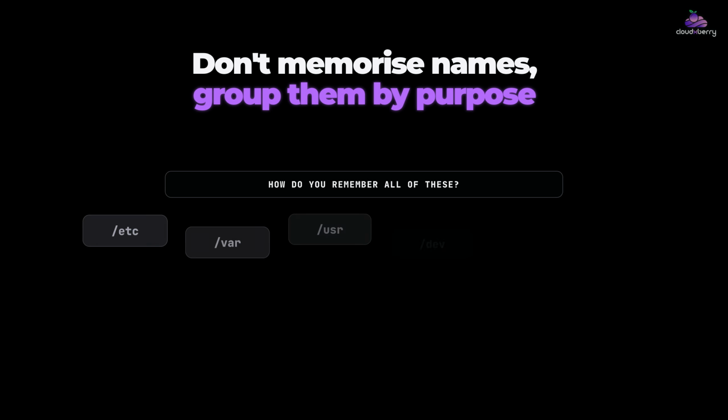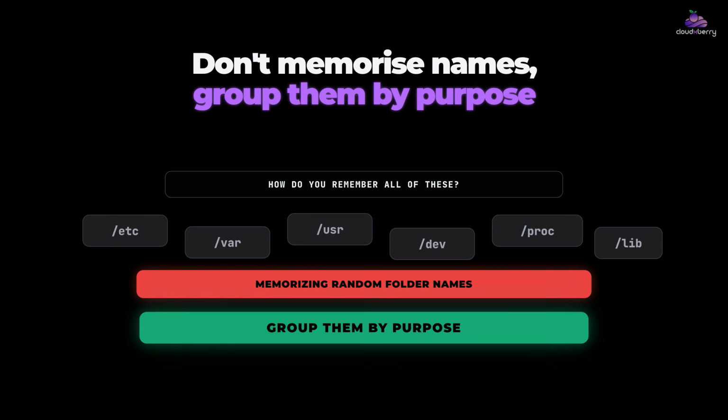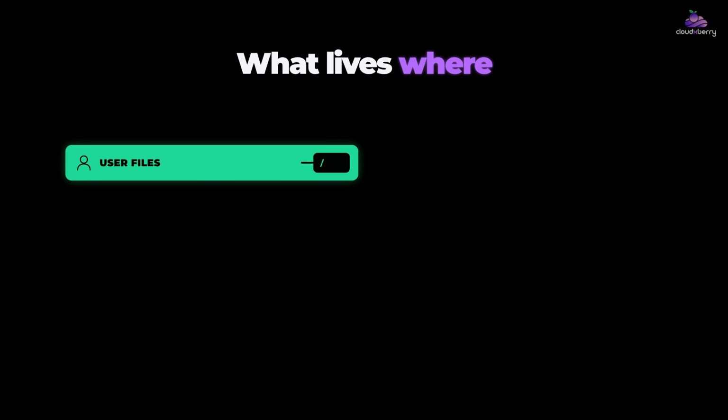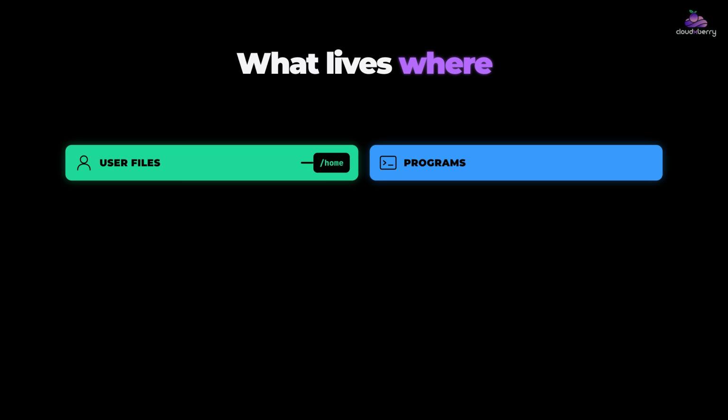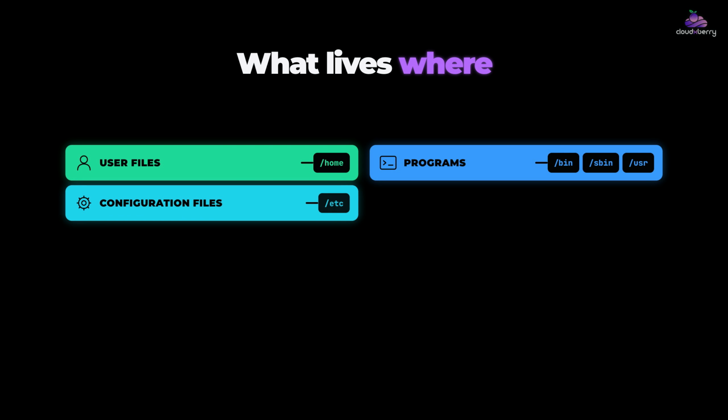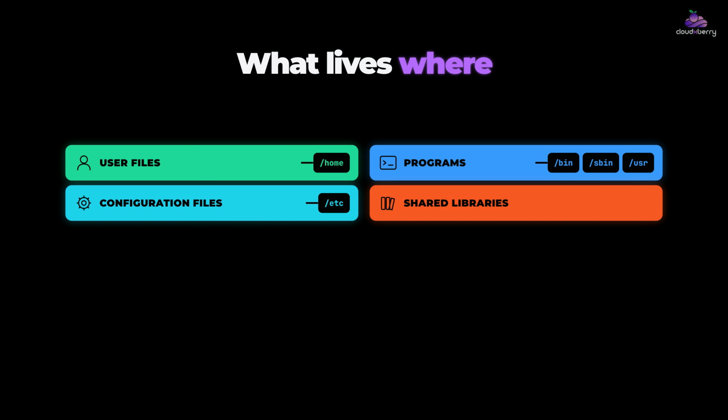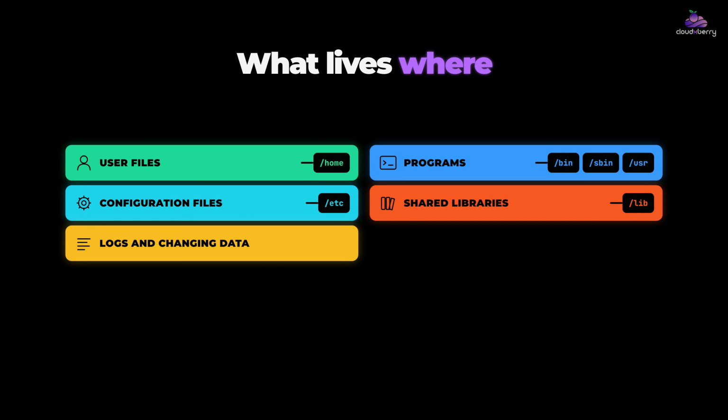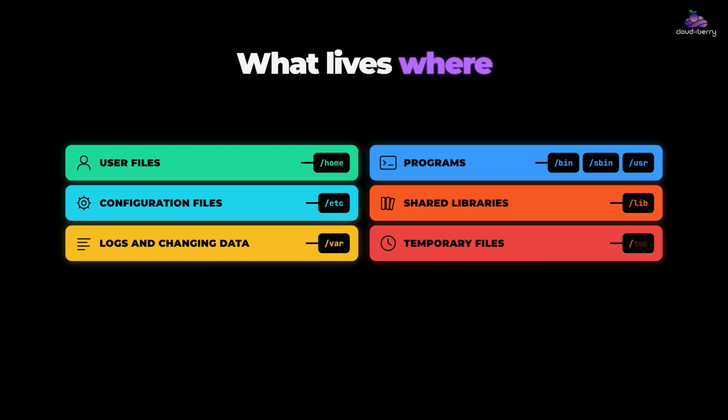So how do you remember all of these? Instead of memorizing random folder names, group them by purpose. User files live in /home. Programs live in /bin, /sbin, and /usr. Configuration files live in /etc. Shared libraries live in /lib. Logs and changing data live in /var. Temporary files live in /tmp.